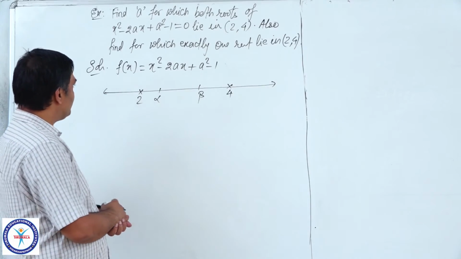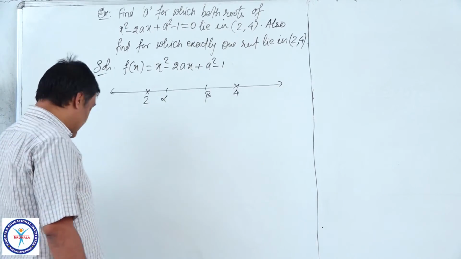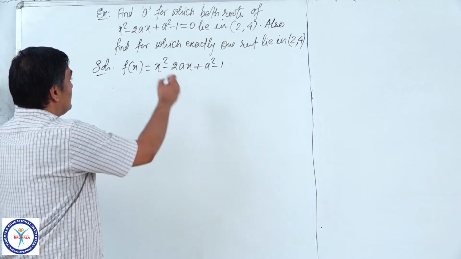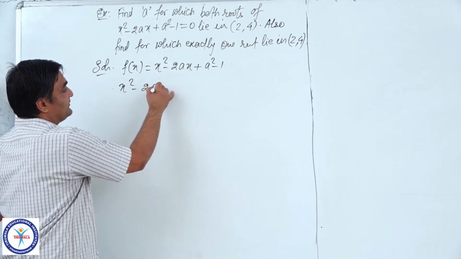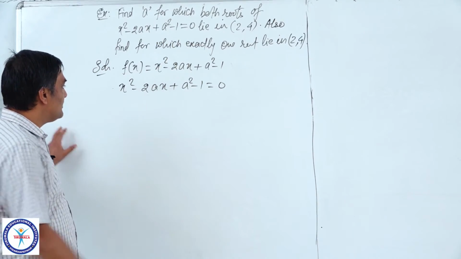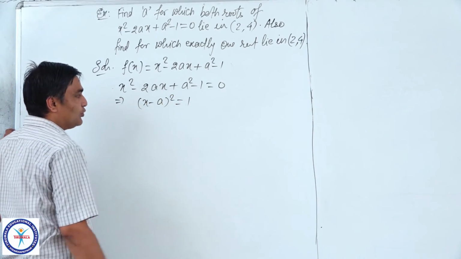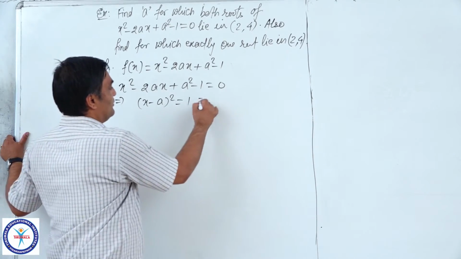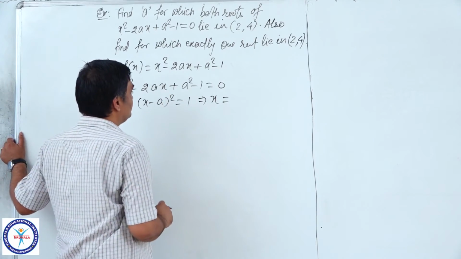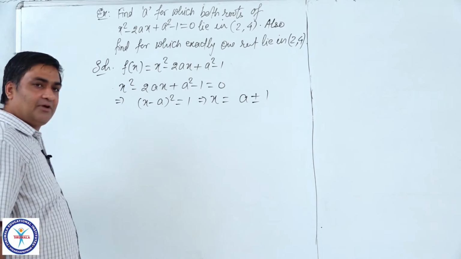Here, we can think of in other terms also. Okay. See, x square minus 2ax plus a square minus 1 equal to 0. We can write it as x minus a whole square equal to 1. So, we can find the exact roots as what? a plus minus 1, isn't it?